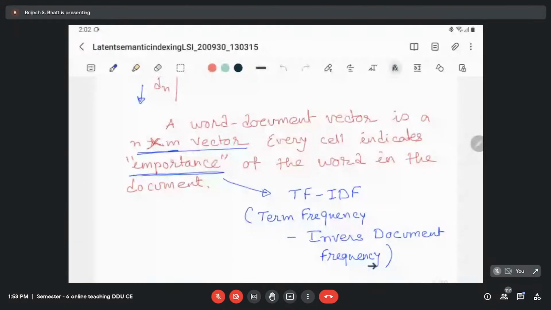If a word is frequent in all documents, that is not important. But if a word is frequent in only a specific document, then it is important. So that mix is called TF-IDF.